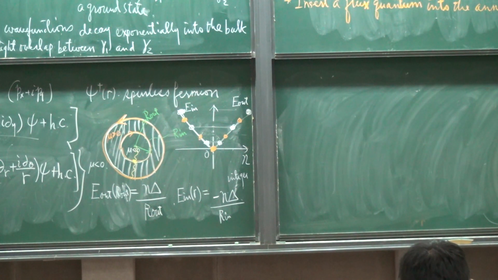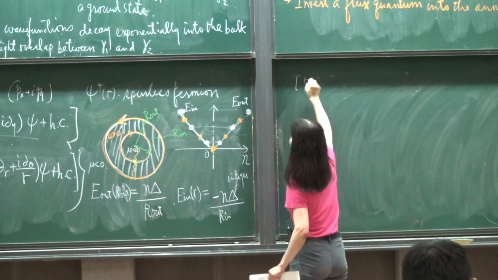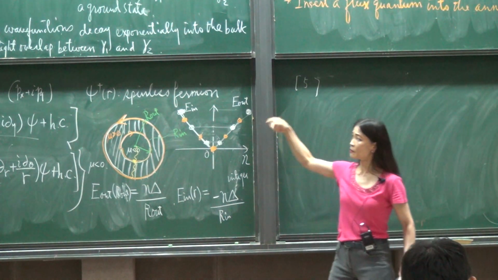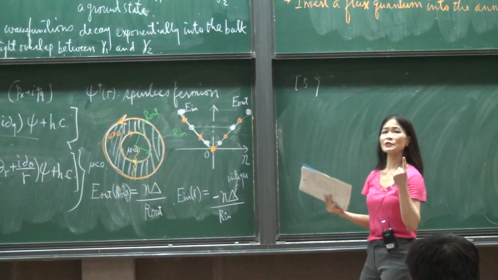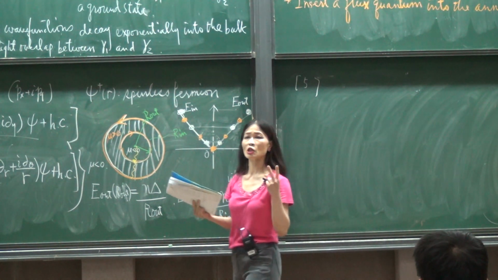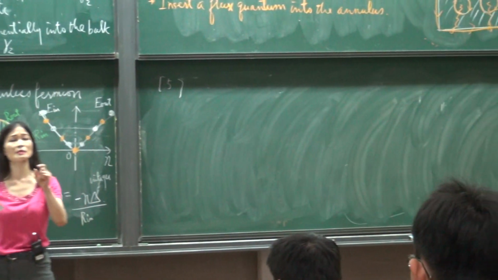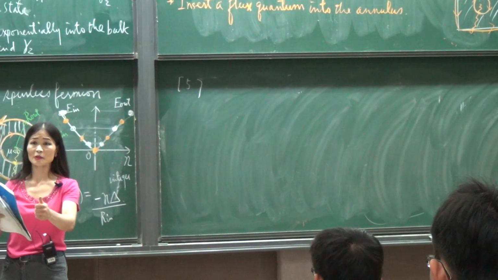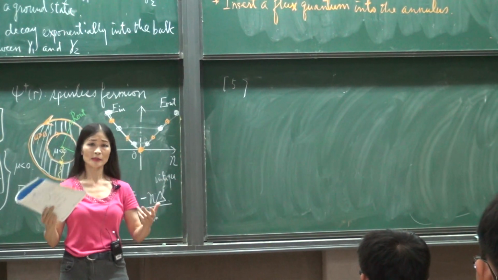I have erased the board, but I did mention to you before, to realize Majorana modes, you need three ingredients. The first ingredient, you need superconductivity. The second ingredient, you want to break time reversal symmetry, because time reversal symmetry gives you Kramers pairs. You have spin up and spin down, and you cannot eliminate spin up and spin down.